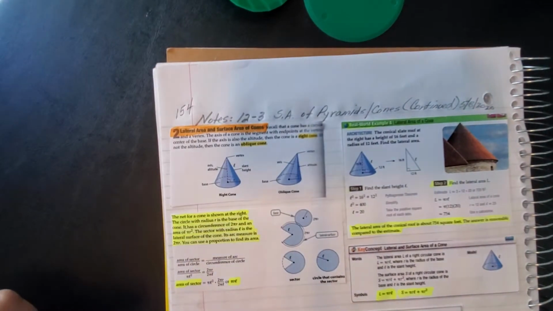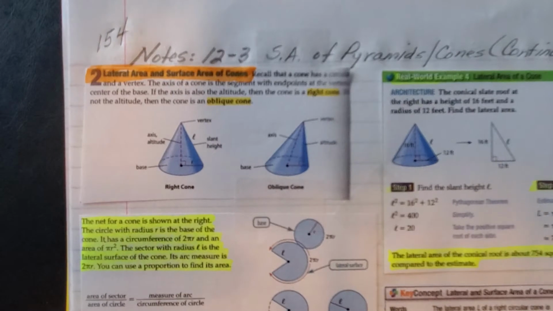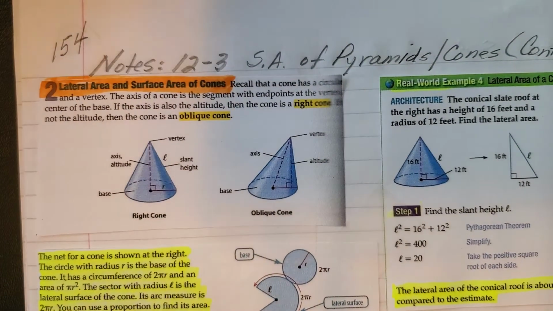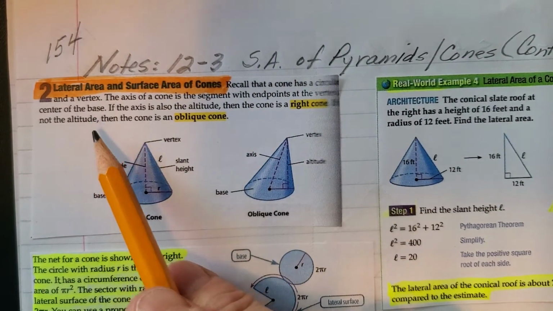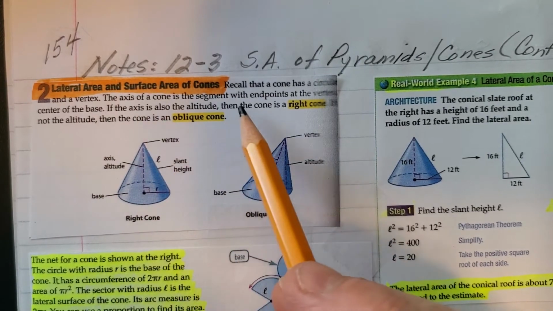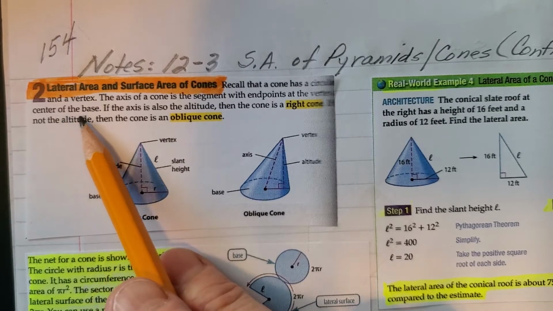So it says, recall that a cone has a circular base and a vertex, and the axis of the cone is a segment with endpoints at the vertex and the center of the base.